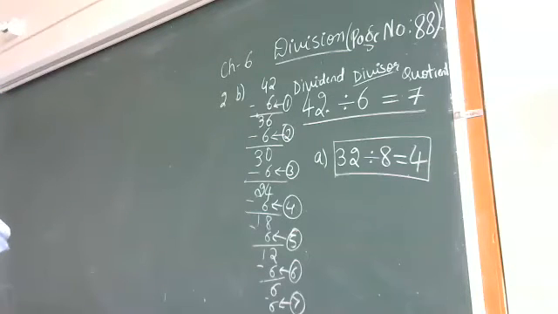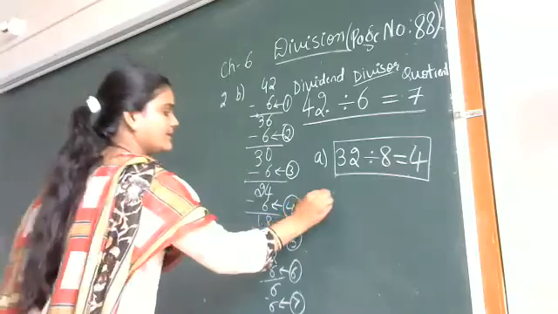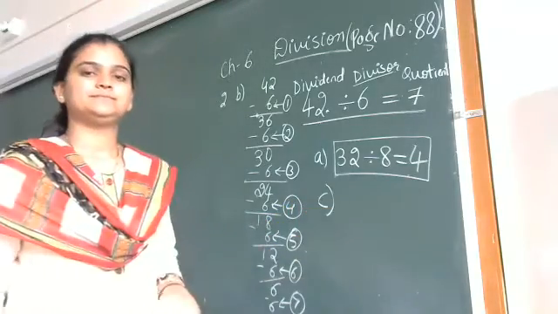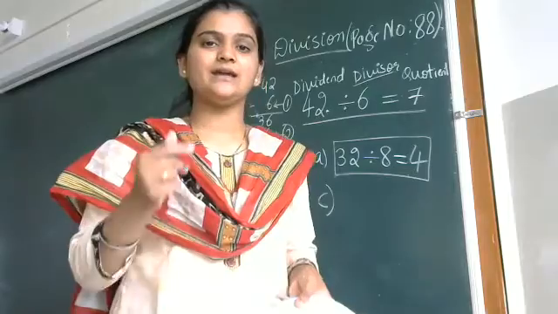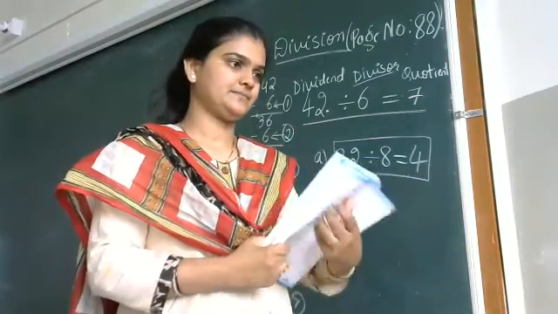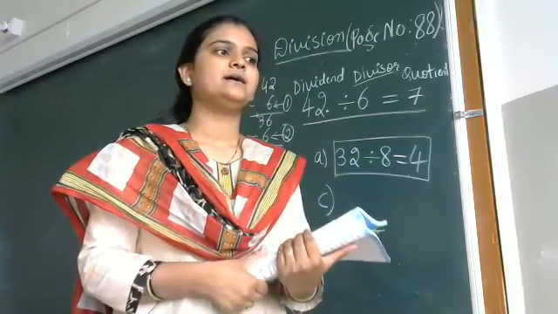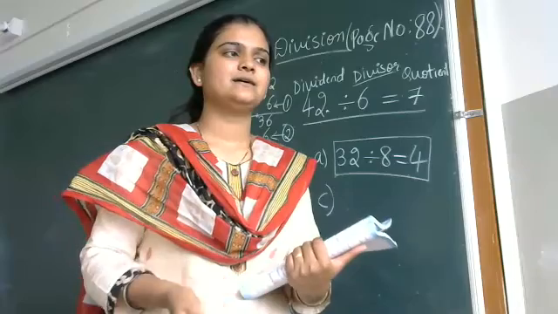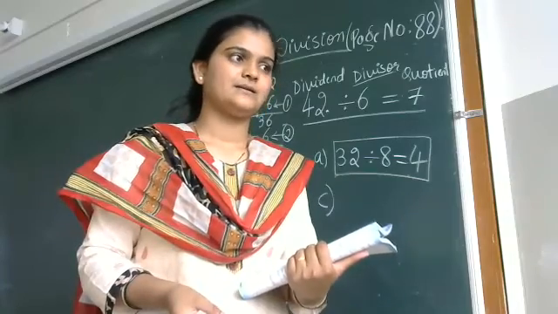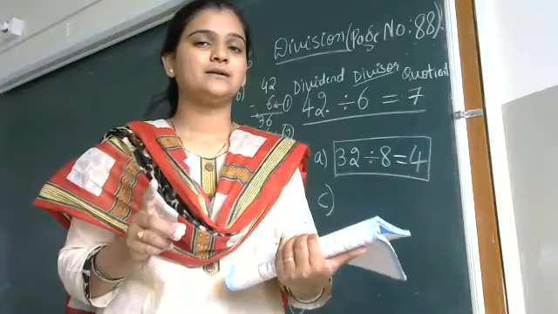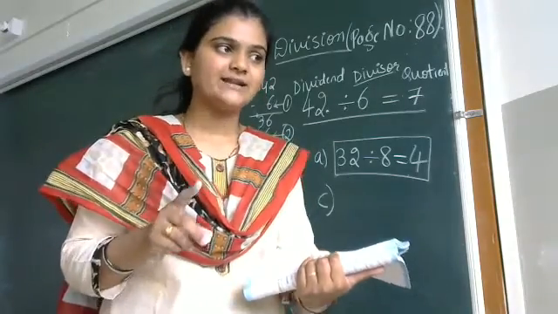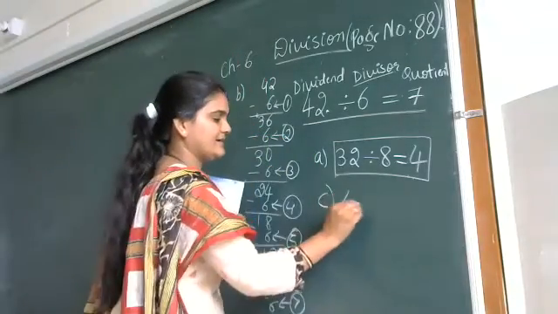Can you tell me the third one? We have 48 minus 8, 40. 40 minus 8. Ma'am, 48 is the dividend.